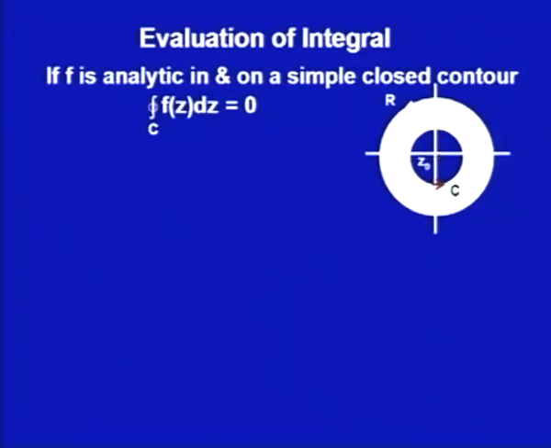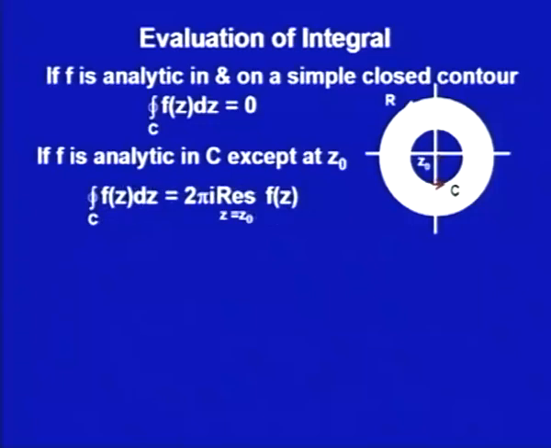Using the residue method, we had learned that if f is analytic in C except at z naught, then the integral of the function f(z) along that closed contour C is 2 pi i times the residue of f(z) at z naught, that is, at the point of singularity, and that point has to be an isolated singularity.